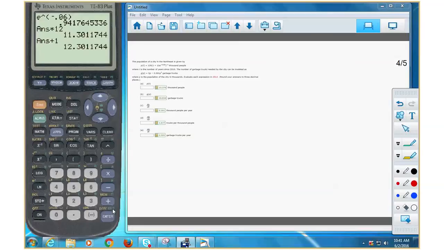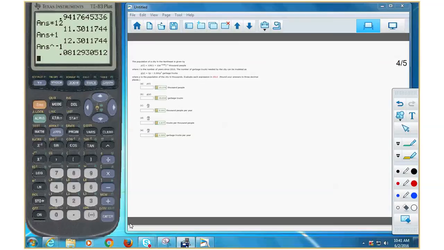And then raise that to the negative 1 power. And then multiply that by 130. Not add it, multiply by 130. And there's my answer. Now, what am I going to do with that number? I'm going to punch it in here and say alpha store, and we're going to call it what?